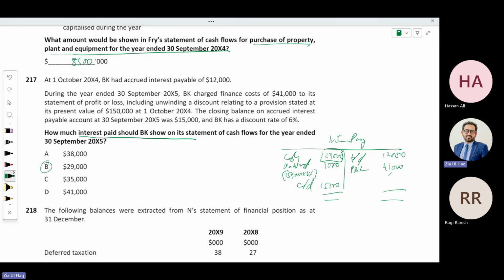So that unwinding interest relates to the separate provision liability, not to this interest payable. Deduct 9,000 from this, and the remaining P&L recorded relates to interest payable, not provision interest. And we create the provision and we add interest every year.